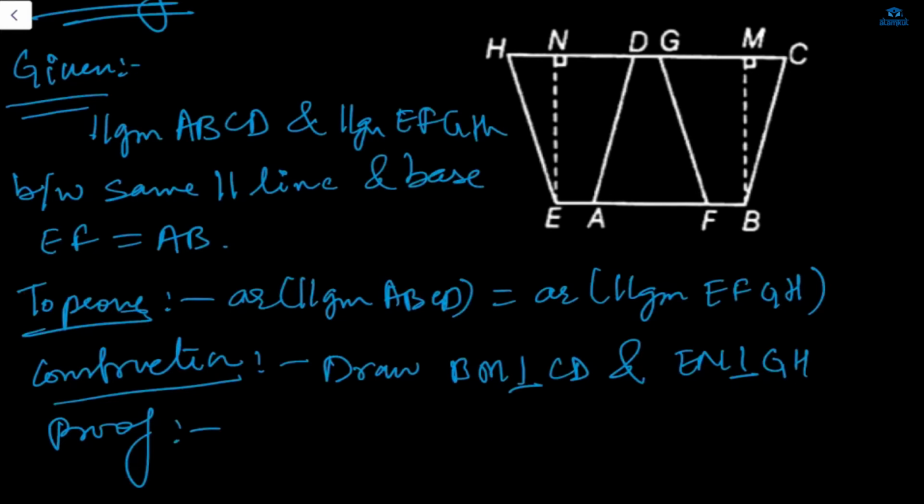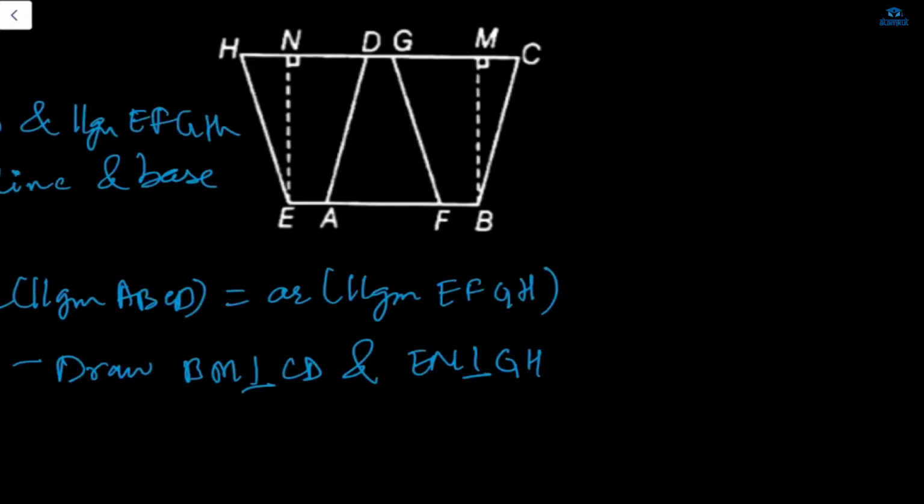If they were not perpendicular, then we cannot say that they are equal in length, but since they are perpendicular, they will be equal. See, if I'm drawing two parallel lines and making any line, can you say that these two lines are equal in length?